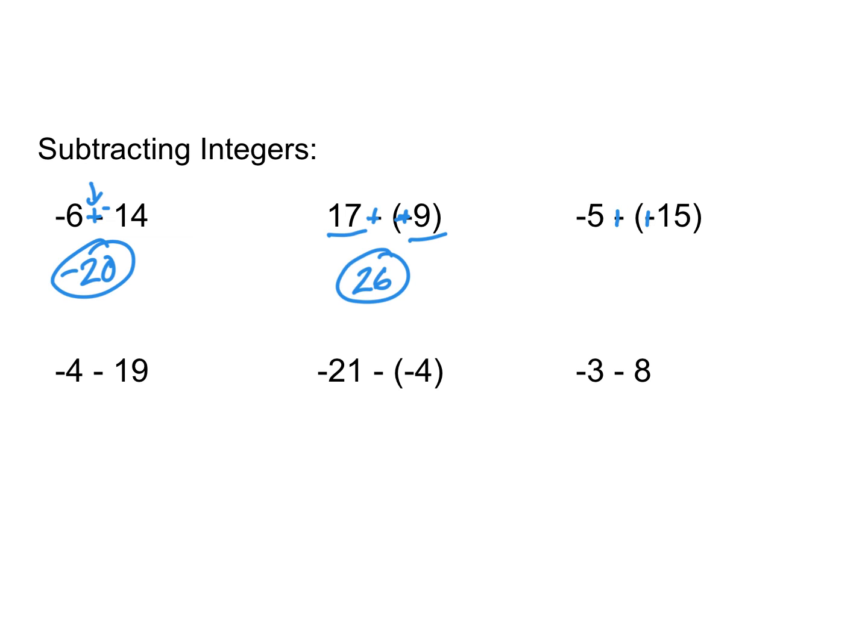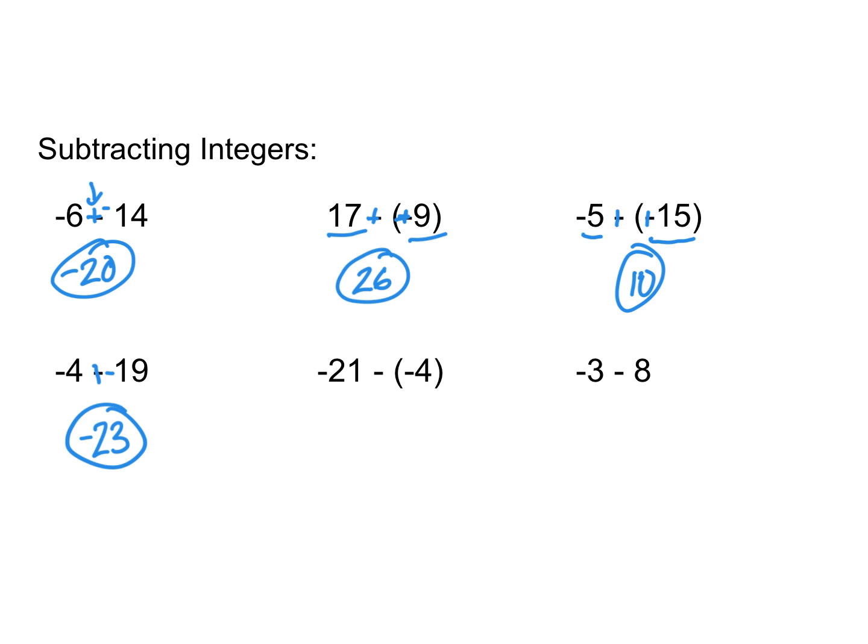Okay, the next one, add the opposite. So I changed it. I've got negative 5 plus positive 15. They're different signs. Subtract. Keep the sign of the higher number. That's positive. Done. Add the opposite. There's the same sign. So I'm going to go negative 20. Sorry, I should have said 23.